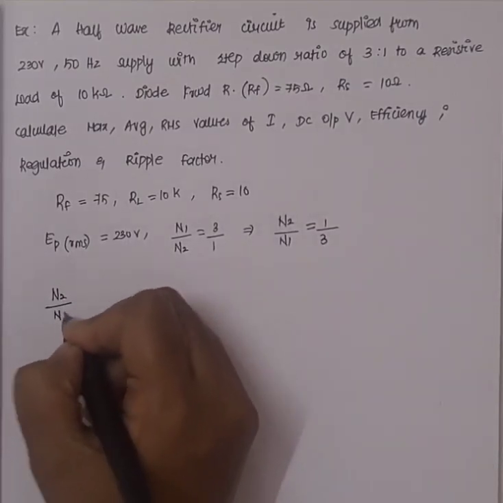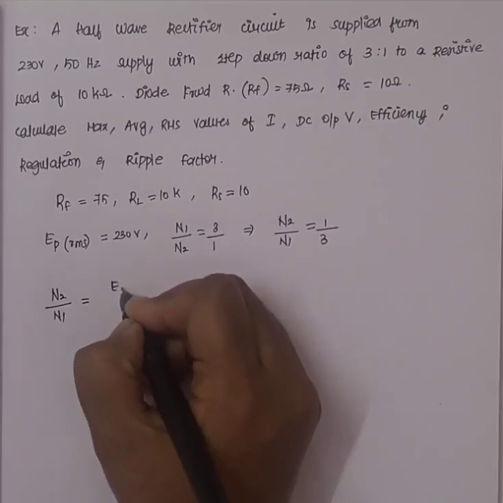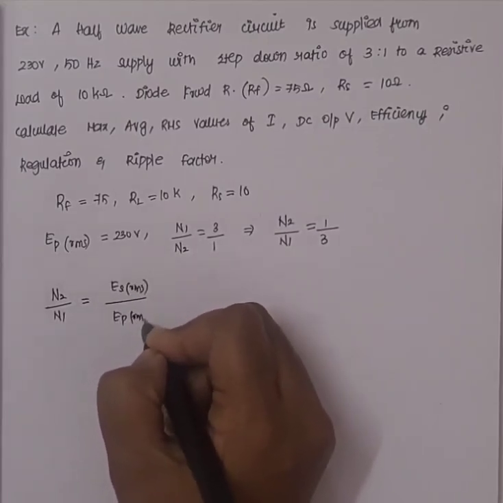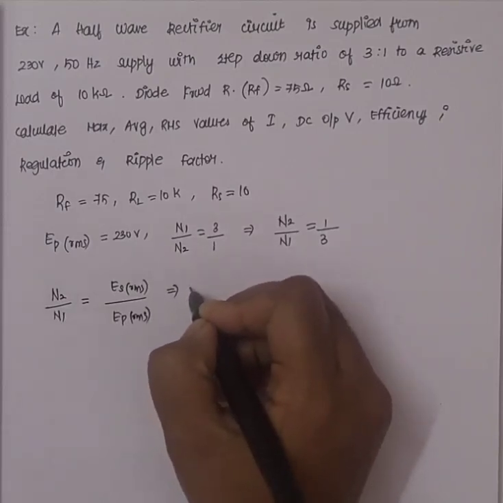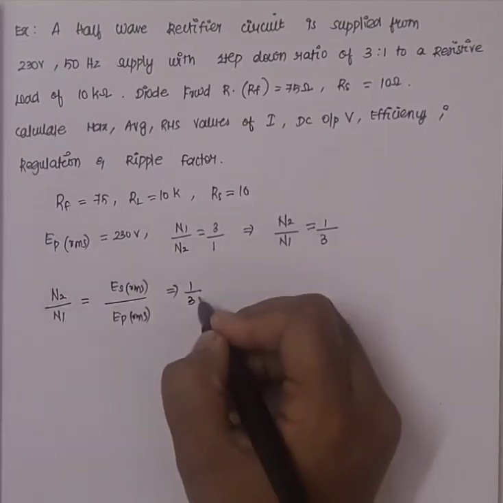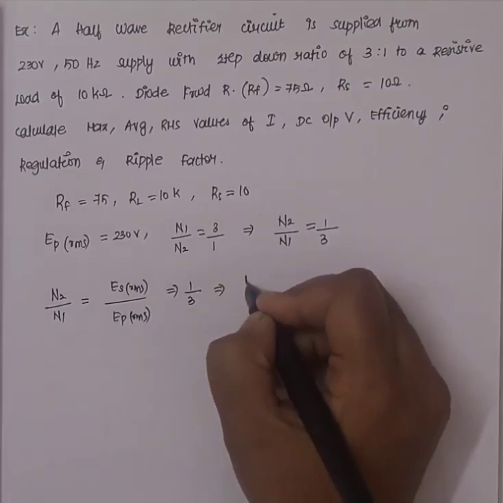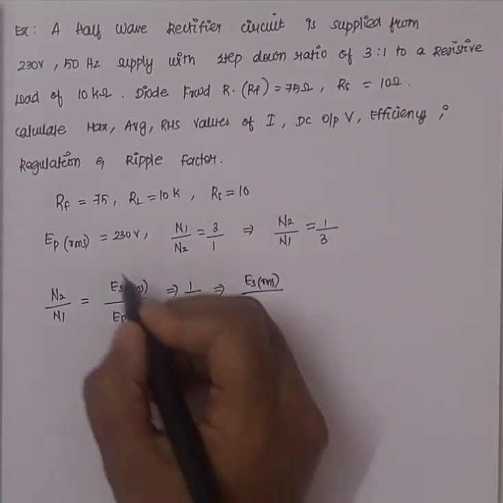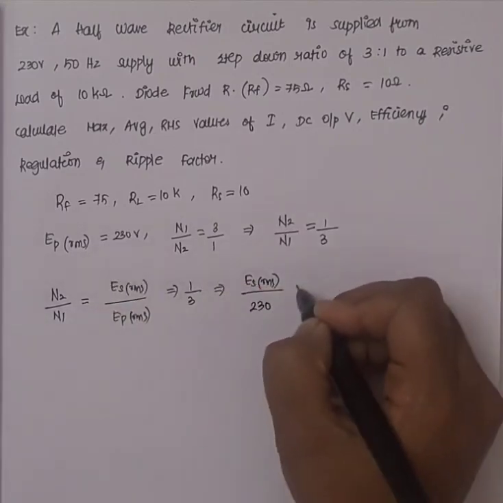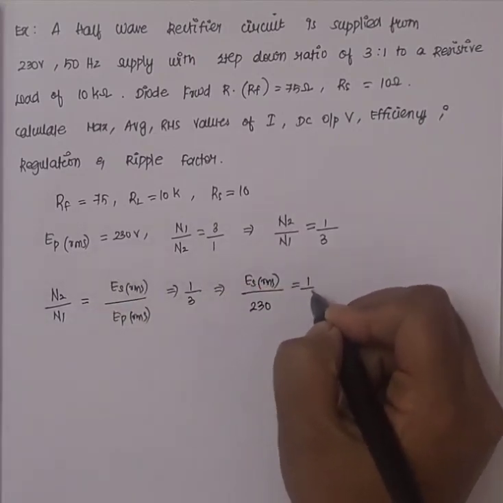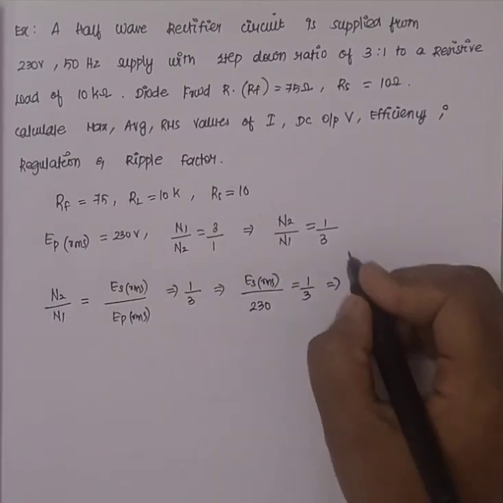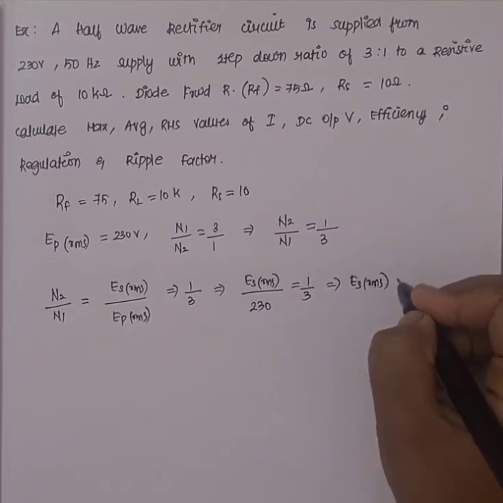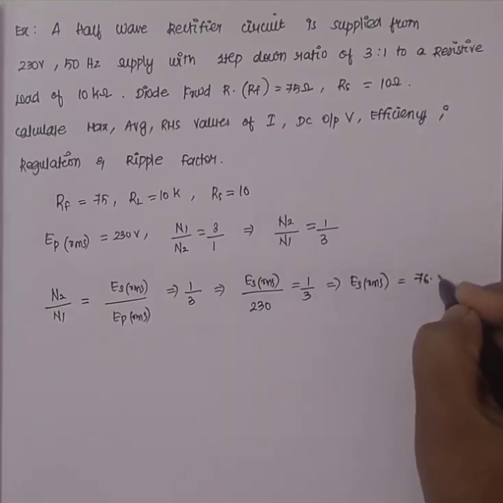N2 by N1 is nothing but the secondary voltage divided by the primary voltage, so this is 1 by 3. We can calculate ES RMS from this value divided by EP, which is given as 230, equal to 1 by 3. Solving this, we get ES RMS, the secondary voltage RMS value, as 76.66.